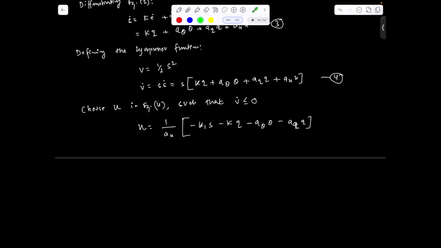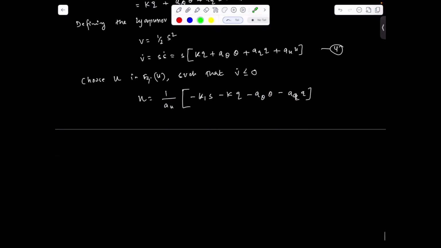Now, the most important part is how the adaptive control comes into the picture. Here, A theta, AQ, AU are basically stability derivatives. But sometimes it is difficult to find the exact values of these. For that motivation, let me write some notes here on why these are an important part.